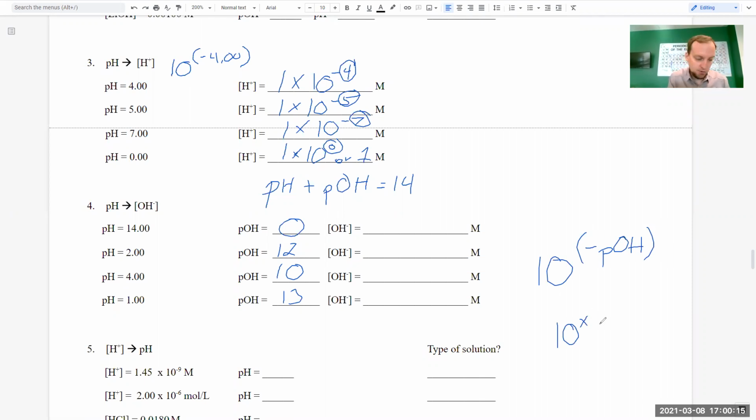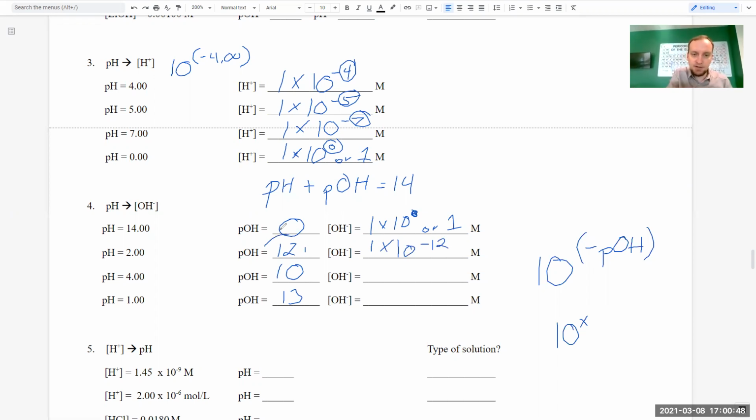I'm going to put in my pOH, -0, close that, and I get an OH concentration of 1 times 10 to the 0, or, of course, that again is 1. The next thing I'm going to do is 10 to the X, -12, close my parenthesis, and I get 1 times 10 to the -12.